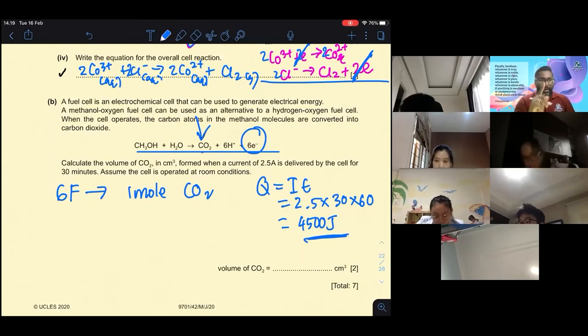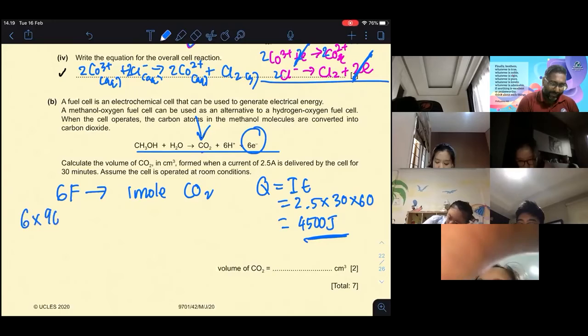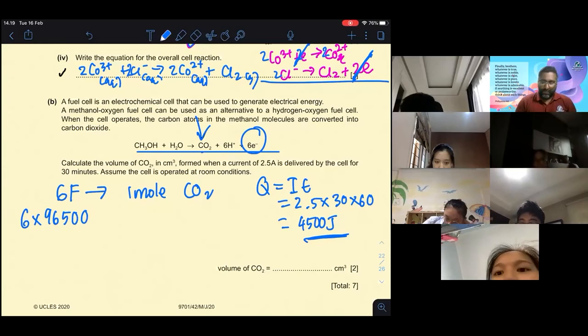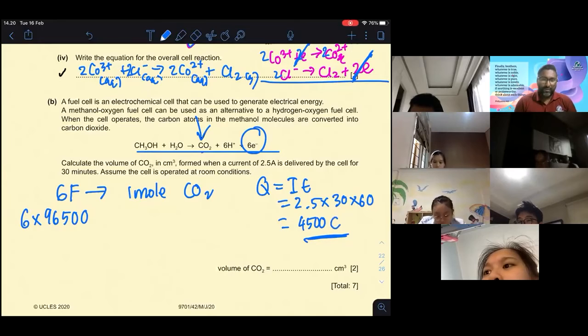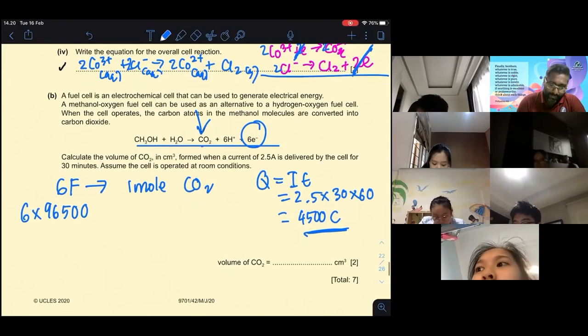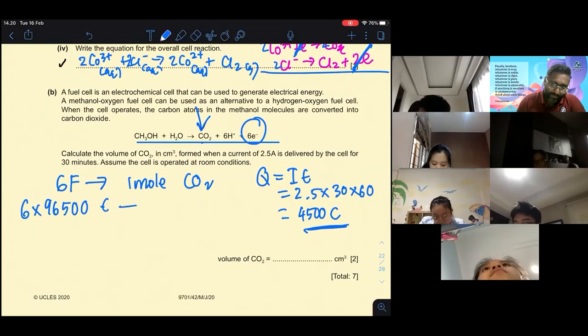So 1 Faraday, you need to memorize this, is 96,500. You can refer to your data booklet. So this is coulombs. How many coulombs is it going to give you 1 mole of CO2?